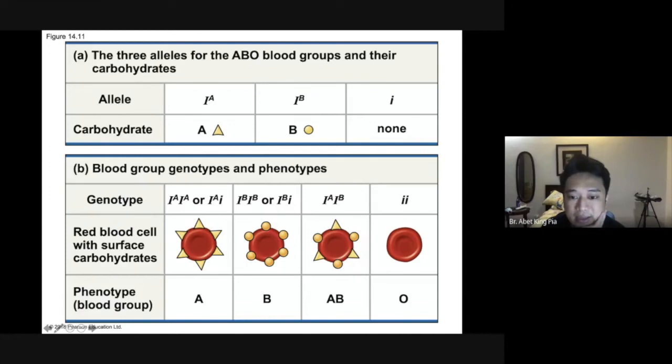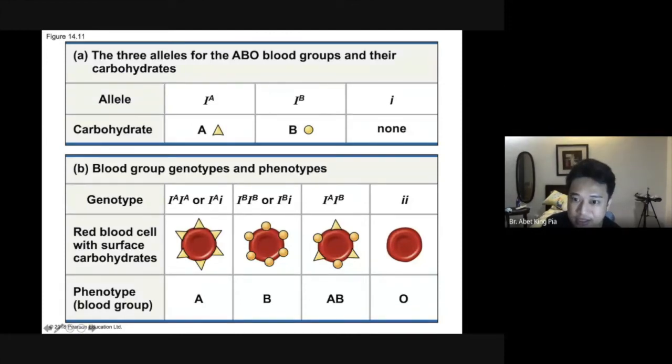That's why you have type AB as blood type. So this also shows parang codominance for type AB kasi both of the carbohydrates are present.